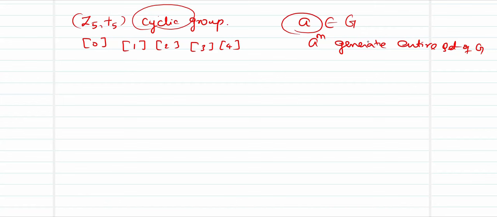If there exists such an element, then it is called a generator and the group is called a cyclic group.